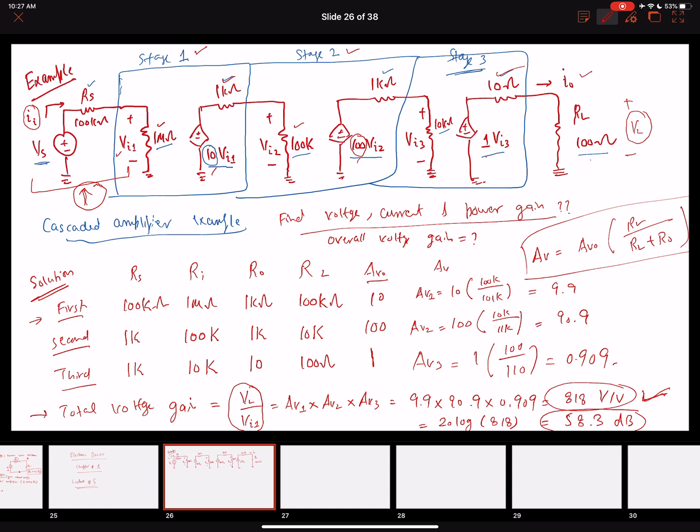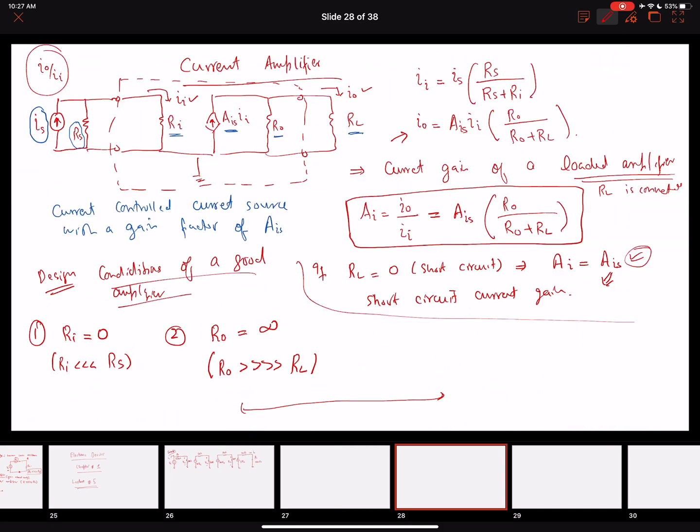Stage 2 was doing majorly the amplification with a gain of 100, and stage 3 was providing a very low output impedance for the voltage gain. To determine the voltage gain of the cascaded amplifier, we consider one stage at a time, find the gain values, and then multiply all of them.